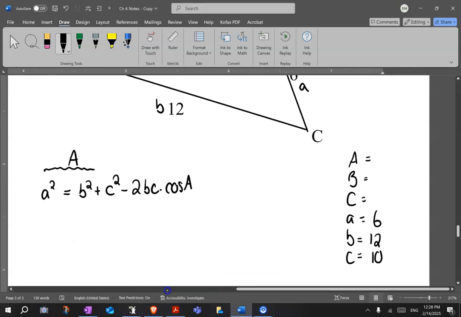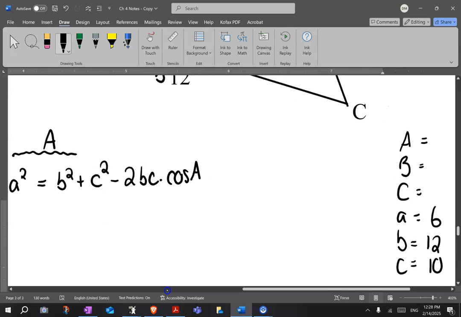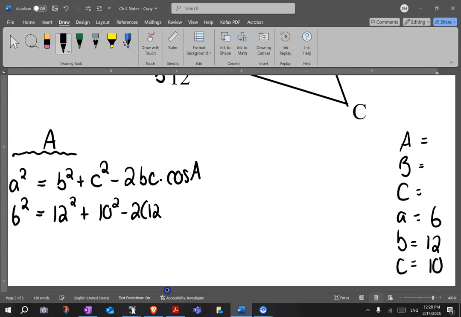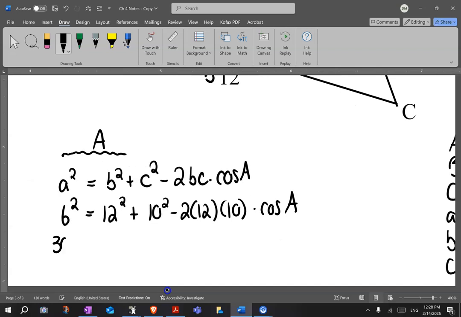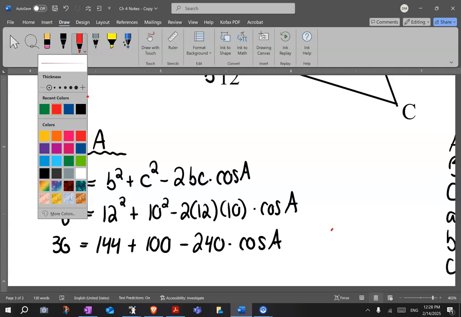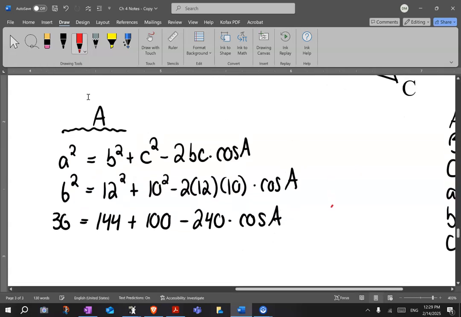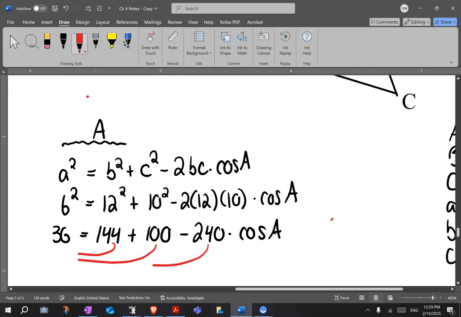So I'm going to have 6 squared equals 12 squared plus 10 squared minus 2 times 12 times 10 times cos of the angle I need, angle A, which gives me 36 equals 144 plus 100 minus 240 cos A. And a lot of students will want to subtract that over, and add that over.